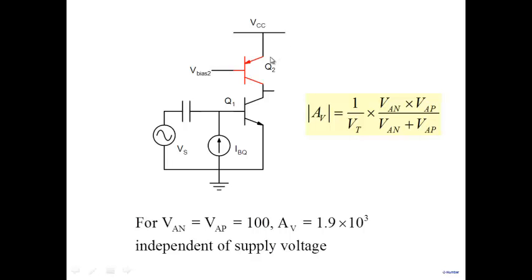So let's say this is 1 milliampere and this is 1.1 milliampere. So this transistor Q1 is saying I want 1.1 milliampere and Q2 is saying I want 1 milliampere. What would happen? Two current sources in series.